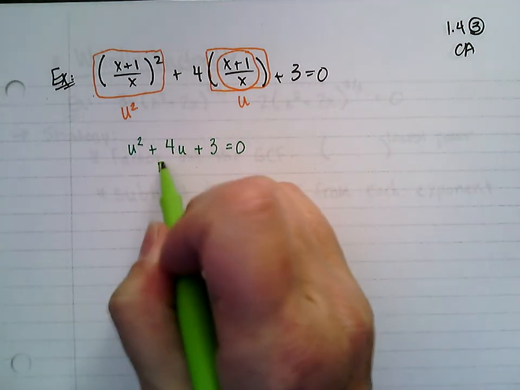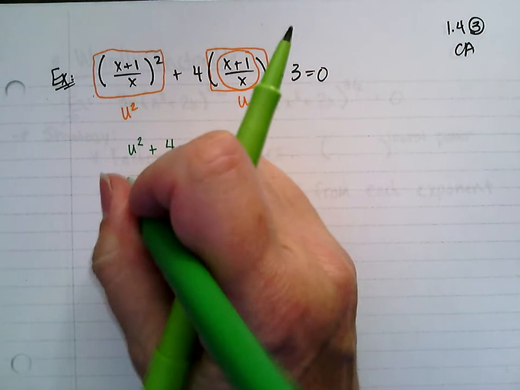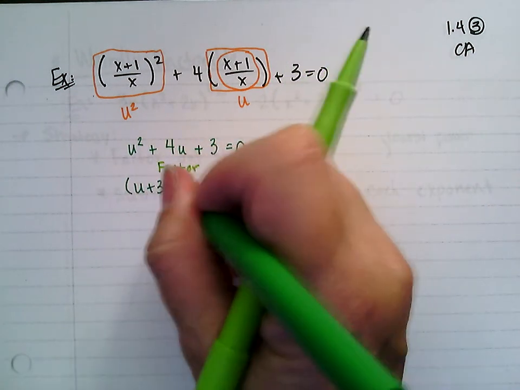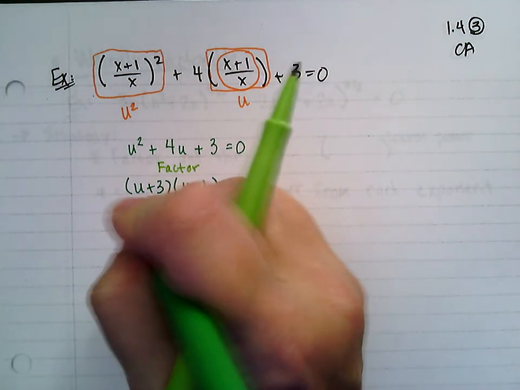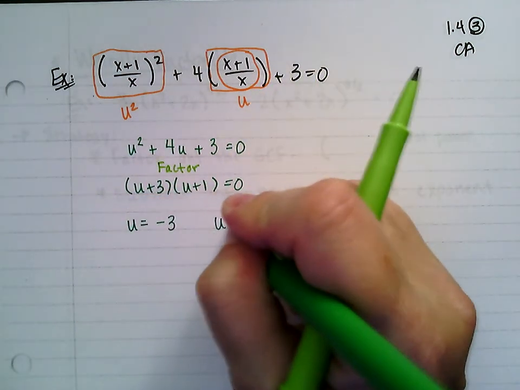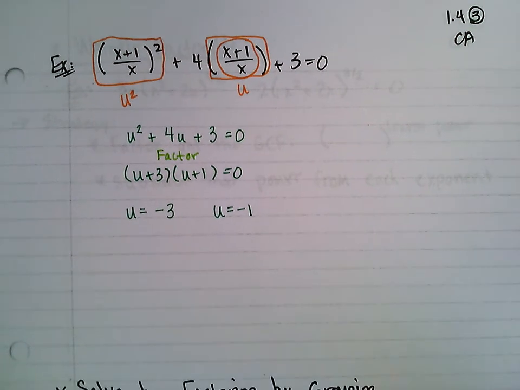Then I can solve this. I can actually factor it. That becomes u plus 3 times u plus 1 equals 0. So I get u equals negative 3, u equals negative 1. Now remember that they don't want to know what u is. They want to know what x is.